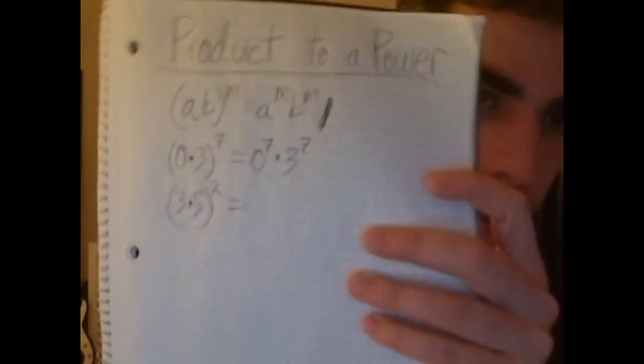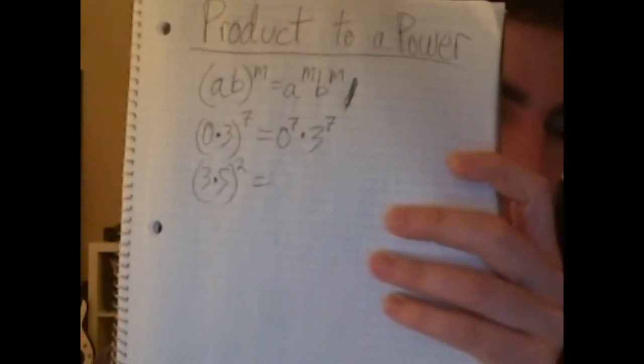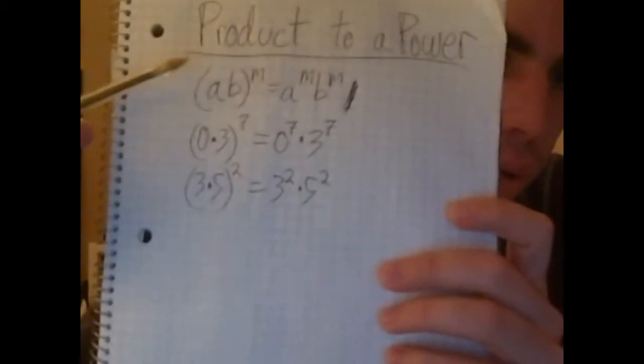Let's do 3 times 5 squared. 3 times 5 squared must equal 3 squared times 5 squared, according to this rule.